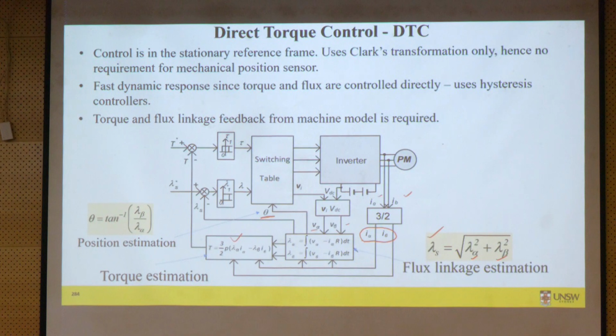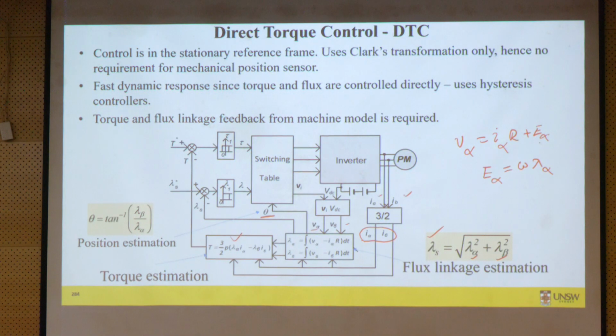So V alpha is actually the current I alpha times R plus the back EMF alpha component, right? This component E alpha is, as we have talked about, omega times flux linkage alpha, right?